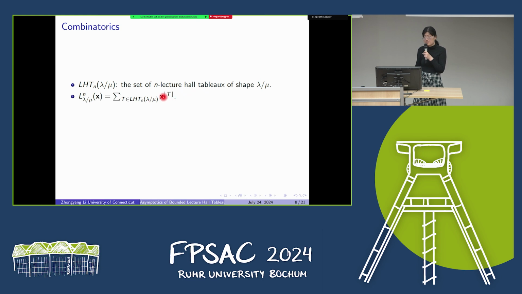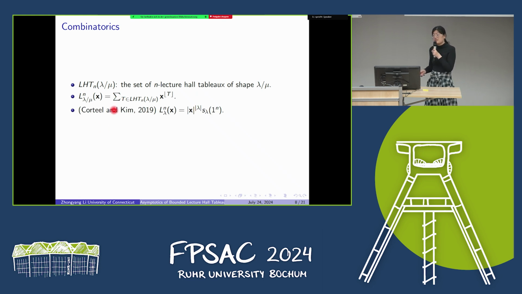So T is a quotient, and they choose the integral part of this T, and x is indexed by the integral part of T at each cell. They multiply all those x's, which gives us the weight of the corresponding filling, and the sum is over all the possible fillings satisfying the rule of weakly decreasing along rows and strictly decreasing along columns. This way they obtain the partition function of the lecture hall tableau.